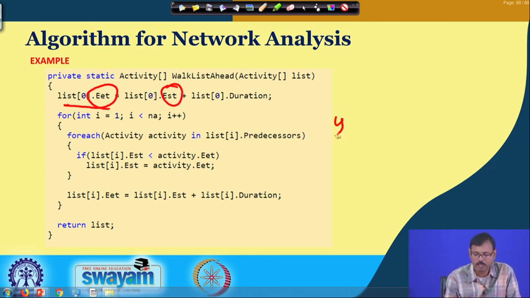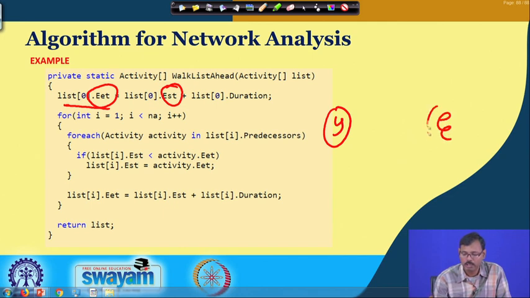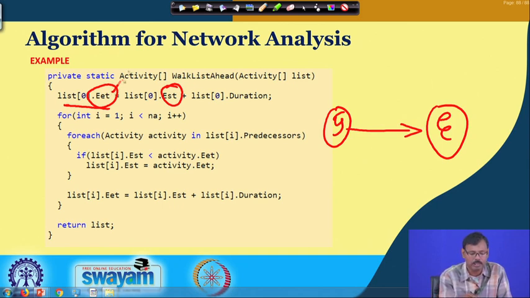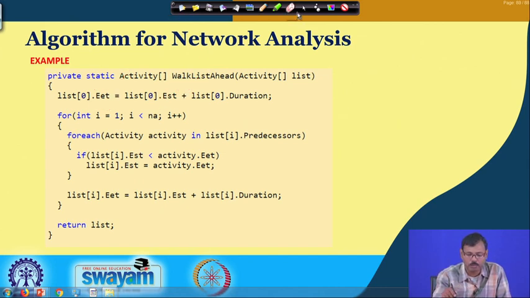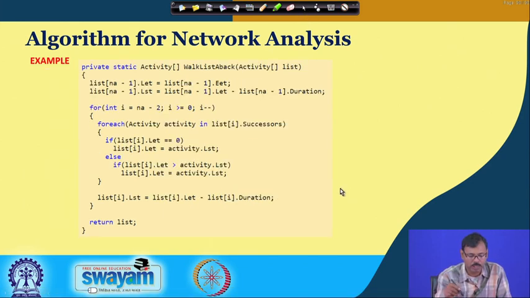Starting from the start to the end, all the jobs are considered along their path, and the early ending time and early start time of each job are determined and kept in the memory of the computer. This is the C program for the forward pass. Similarly, the program is made for the backward pass also.